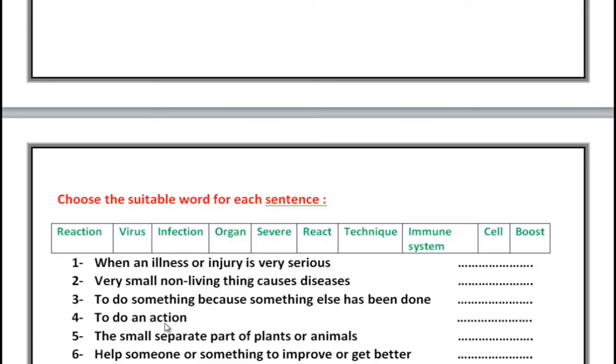4, to do an action: reaction. 5, the small separate part of plants or animals: cell.